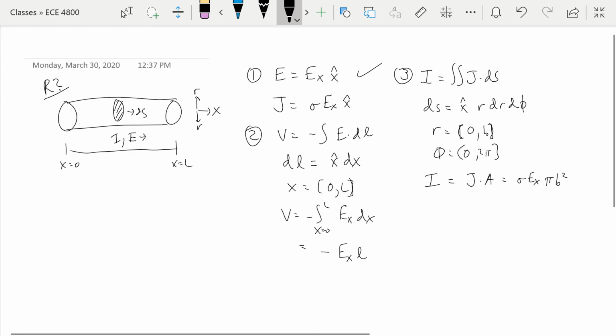Remember where this came from? J is equal to sigma times E. That's what was up here as well. The cross-sectional area is pi r squared, and we said this has a radius of b. And the total current is then equal to this.